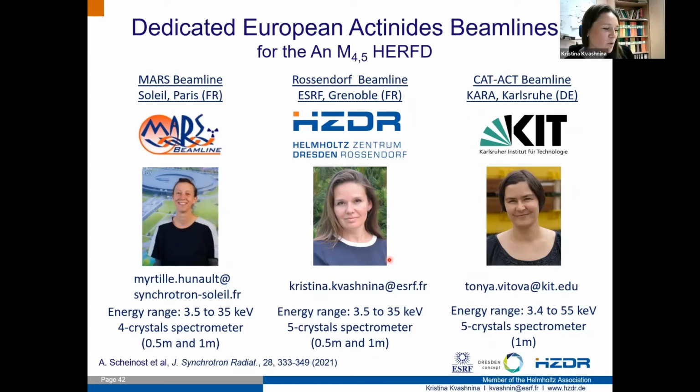So that experiment, which in fact took place more than 10 years ago at ID26, was so well received, using a spectrometer to probe the M edges of actinides, that dedicated actinide beamlines started to look in that direction and to push the incident energy of the beamlines to reach the M edges, as was the case for the MARS beamline, where we have a Johann type spectrometer that was already installed way before, but recently scientists put real effort into going towards 3.5 keV to reach the M edges. At the CAT-ACT beamline, there is a copy of the ID26 spectrometer, also a 5 crystal analyzer spectrometer, exactly the same.